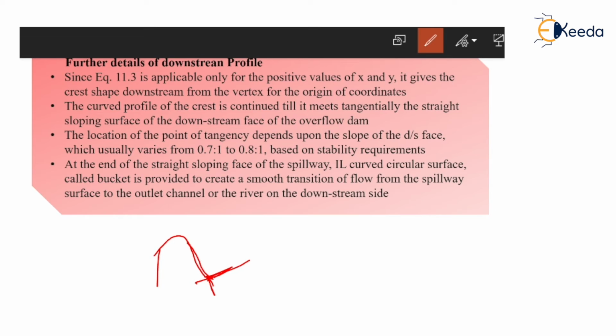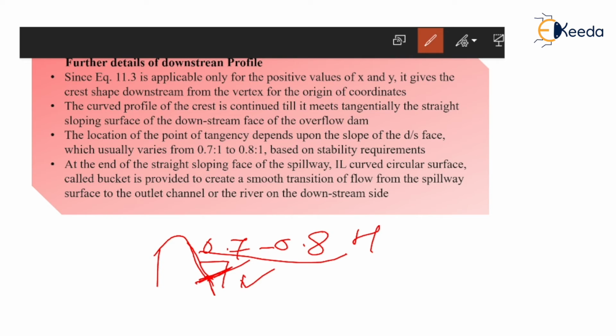The location of the point of tangency depends upon the slope. It varies from 0.7 to 0.8 horizontal to 1 vertical.